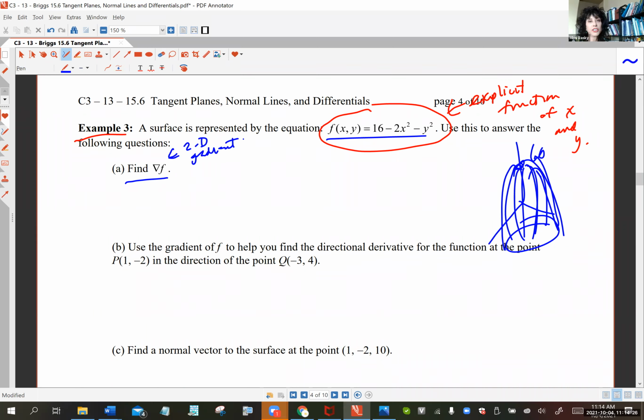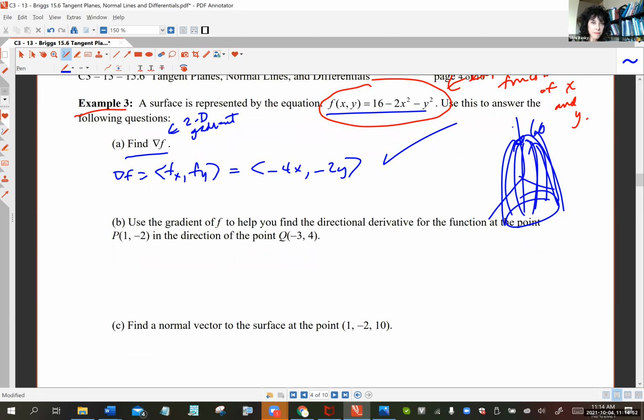Just the notation of it. Get comfortable. So this little del f, which is going to be a vector that's 2D, will contain the partials, and I get negative 4x for the first component and negative 2y for the second component. I'm done with part A. Done. There it is.